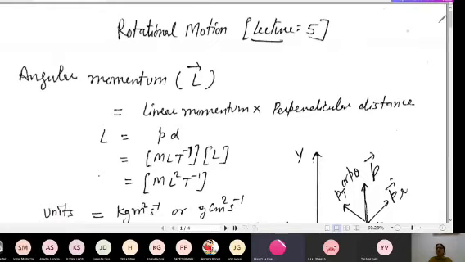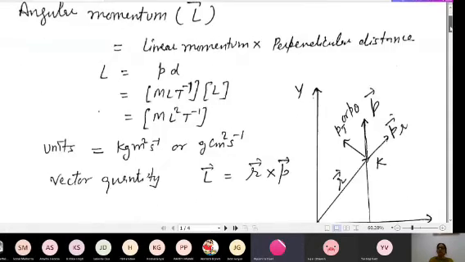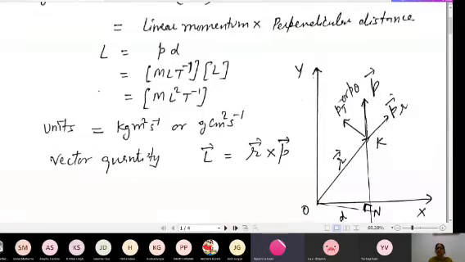Going into detail, angular momentum is a vector quantity denoted by capital L. It is given by the linear momentum and the perpendicular distance.